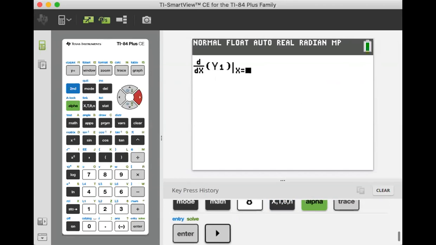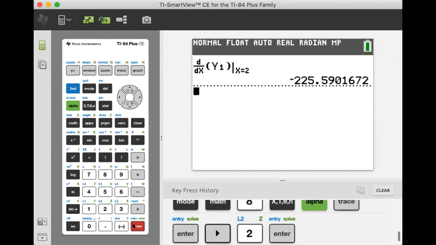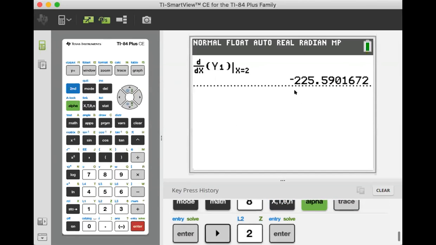And then this is evaluated at t is equal to 2. So this will give me the velocity of the equation at 2. I hit enter and boom, negative 225.590.